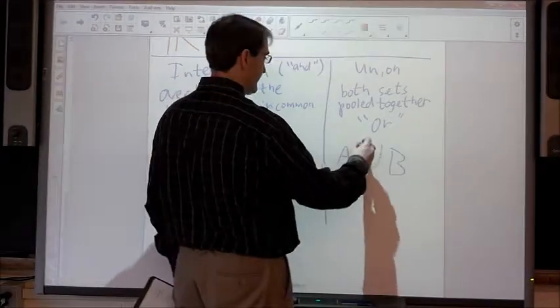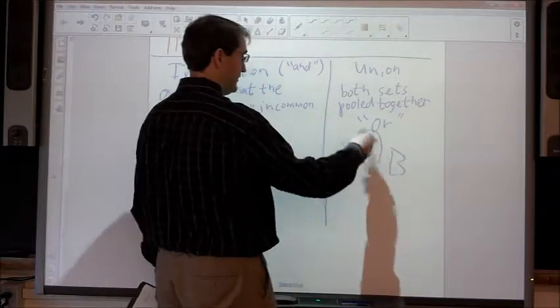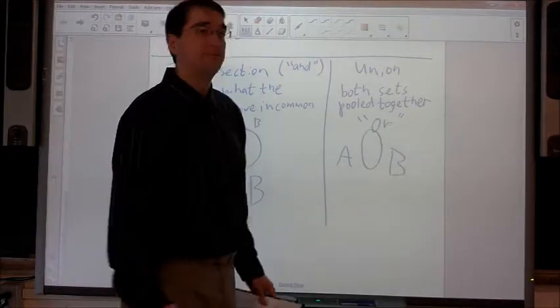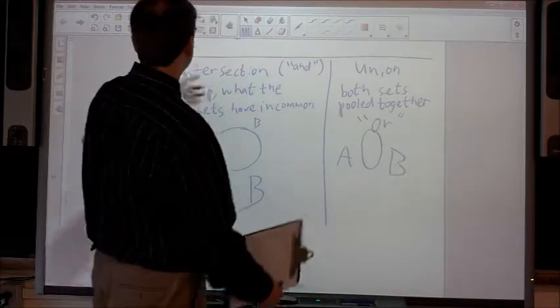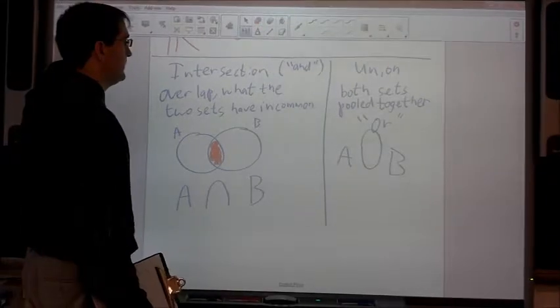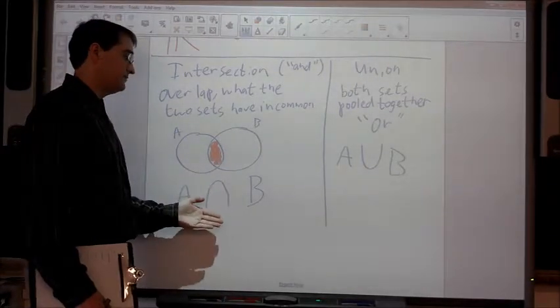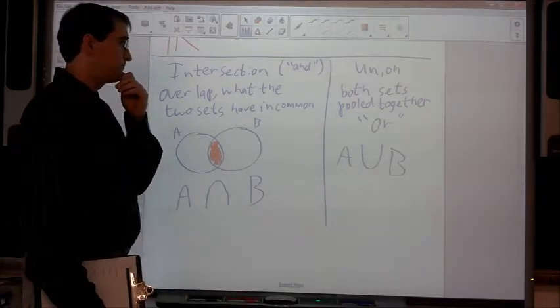And you can remember this by imagining linking it on top again, you get sort of an O. And so we get or. A or B would be the union of the sets A and B. The intersection of A and B are what appears in both, the overlap between A and B.